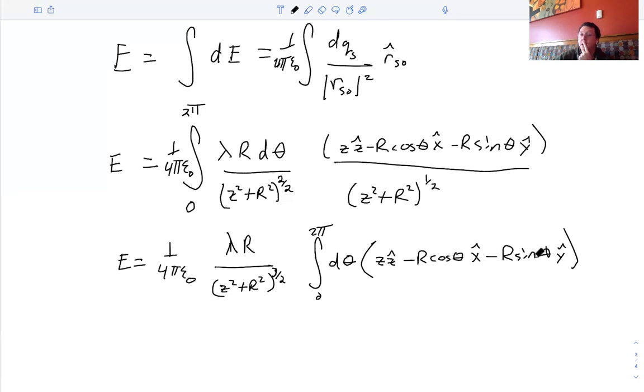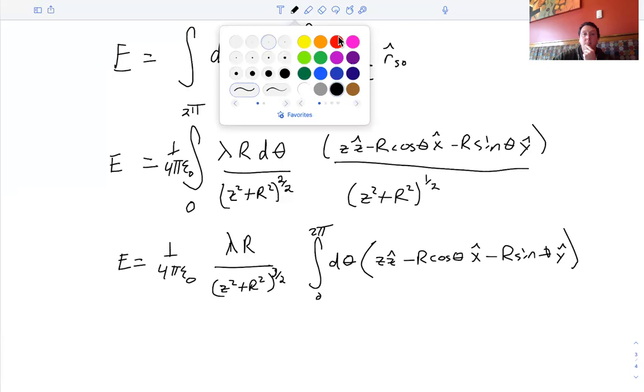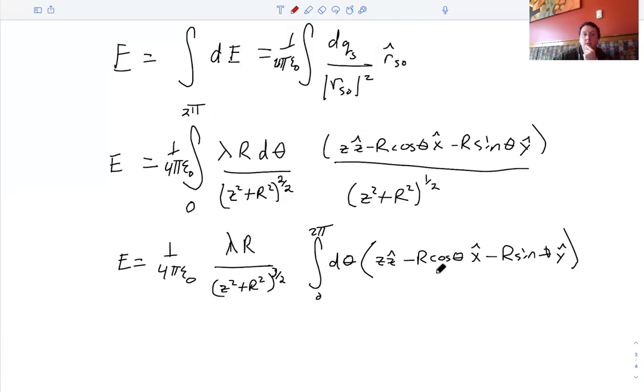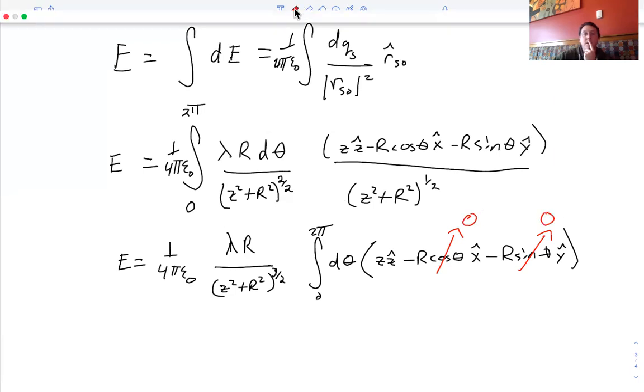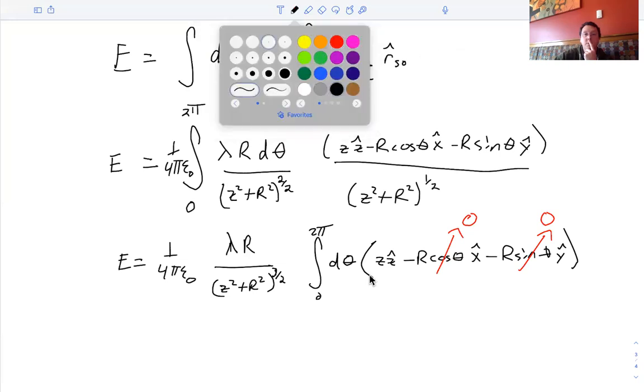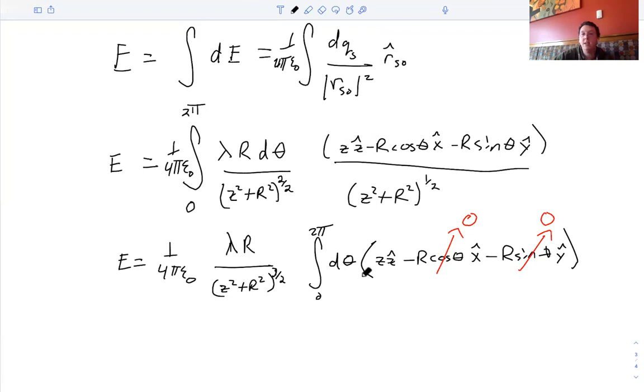And the integral over sine is also 0 as you go around the circle. So this bit and this bit are going to integrate to 0. The only piece that survives is the first piece, which is completely independent of theta.